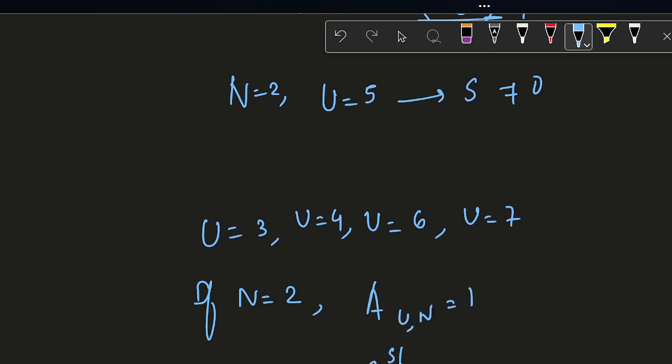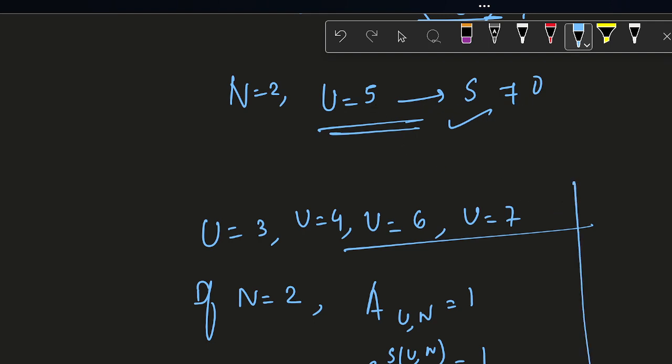That means e to the power of s(u, n) equal to 1, and that means s(u, n) is just ln 1, which is 0. That means for all these cases the entropy value is 0 except for the case when the total energy u equal to 5. So the option for which entropy is non-zero is just e equal to 5 and n equal to 2.